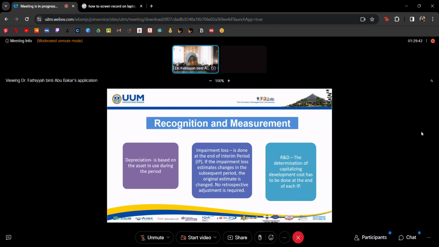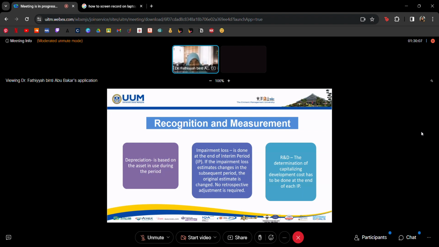All right, so we continue to the second example, which is impairment loss. Remember how you do impairment tests and so on. If you incur loss, you also have to do it at the end of the interim period. If the impairment loss estimate changes in a subsequent period, the original estimate is changed, but no retrospective adjustment is required.